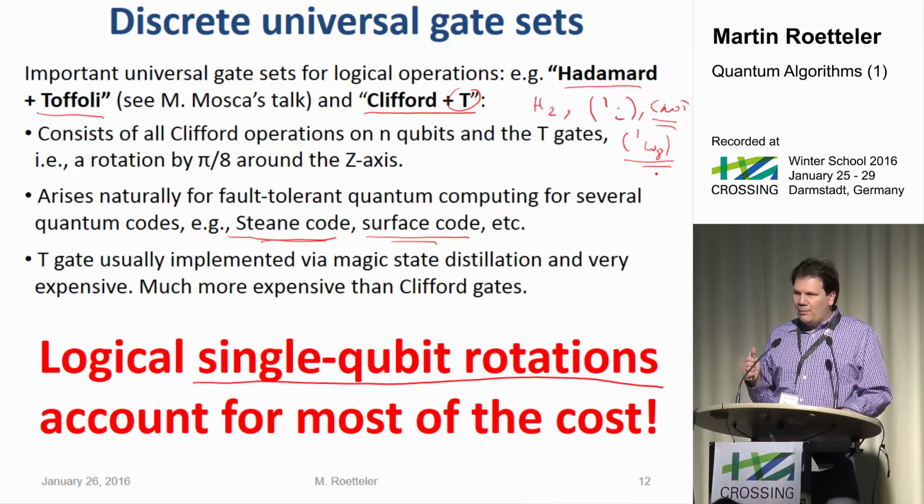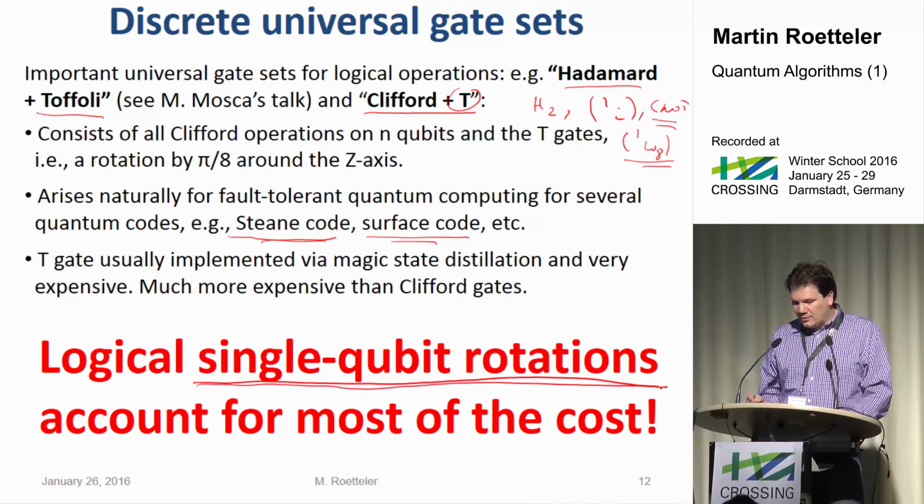So many times when people look at the complexity of a quantum algorithm, they count the number of T gates that you would need to implement the algorithm. That's an underlying complexity cost measure. And as I said, single qubit rotations are really expensive. So it's always good to try to minimize them in your algorithm.